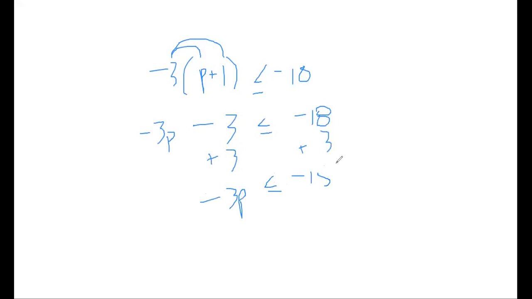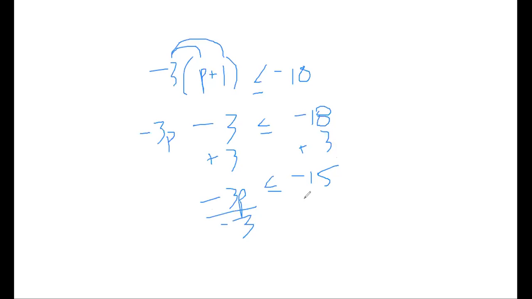Here's where the big difference comes in at this stage. This is a special rule that only relates to inequalities. When you divide or multiply by a negative number, you have to reverse the inequality. You change the direction of the inequality symbol.